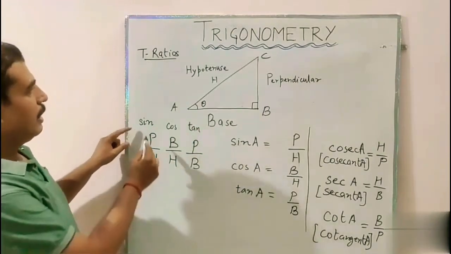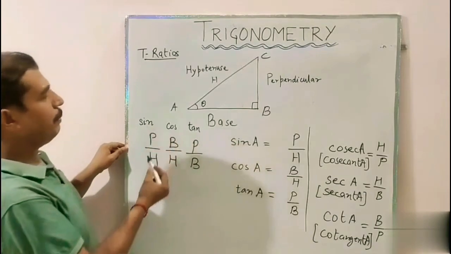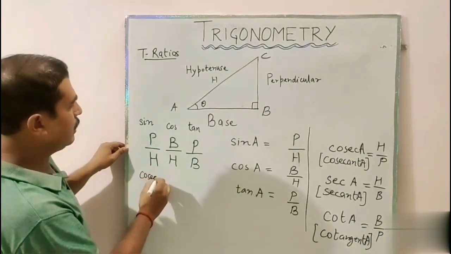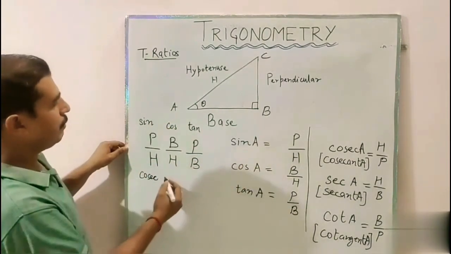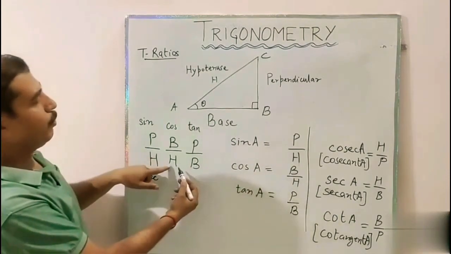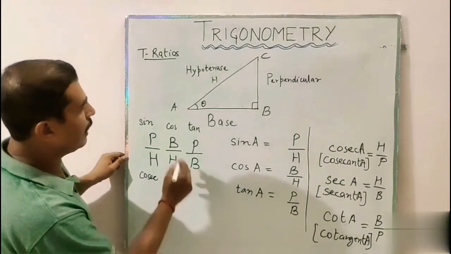Now let us understand its reciprocal. The reciprocal of the sine ratio will be cosec. So I may write it as cosec, just opposite to this, the reciprocal of the sine function. Then again opposite, the reciprocal of the cos function is sec. So I may write it as sec.